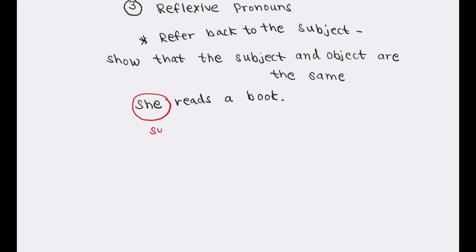She is the subject because she is doing the action, reading. The object is the person or thing receiving the action. It often follows the verb. A book is the object because it's being read.